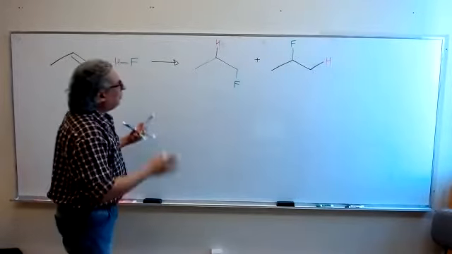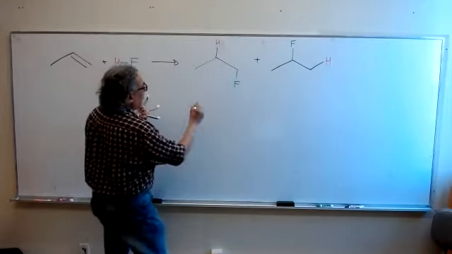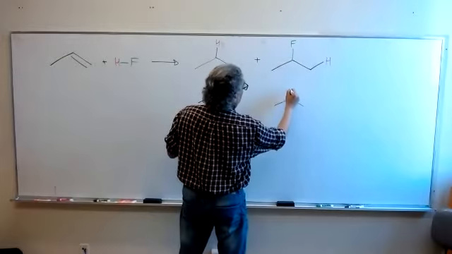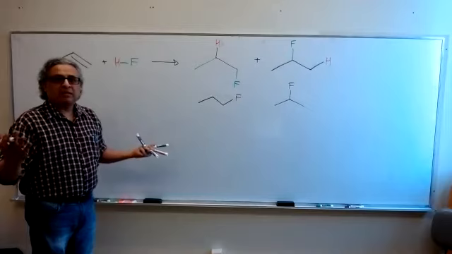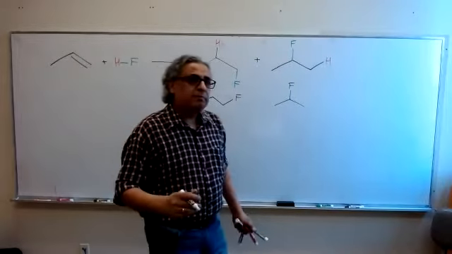That's it. So if I don't draw the hydrogen, what does the product look like? In one color, the product looks like this. That's it. That's simple. Which one is major and which one is minor?